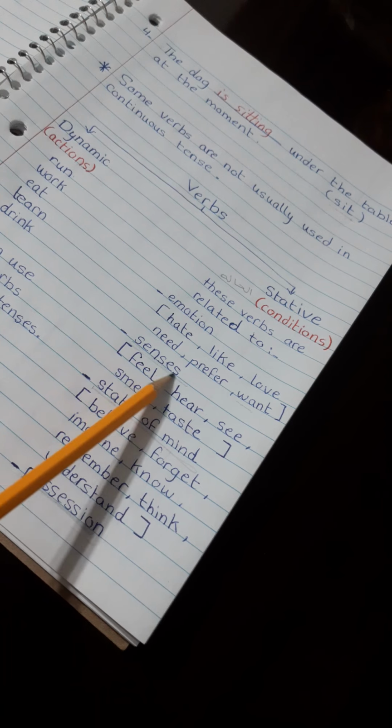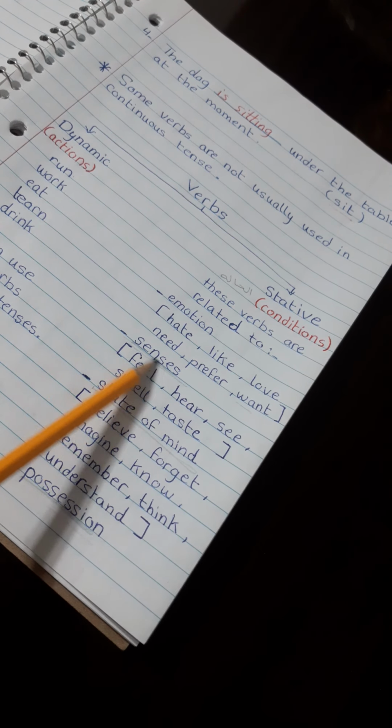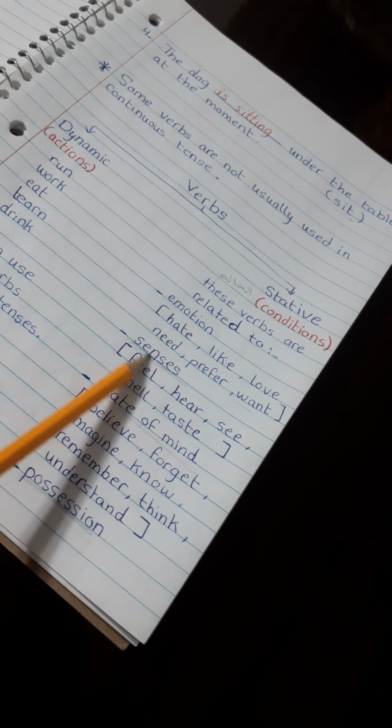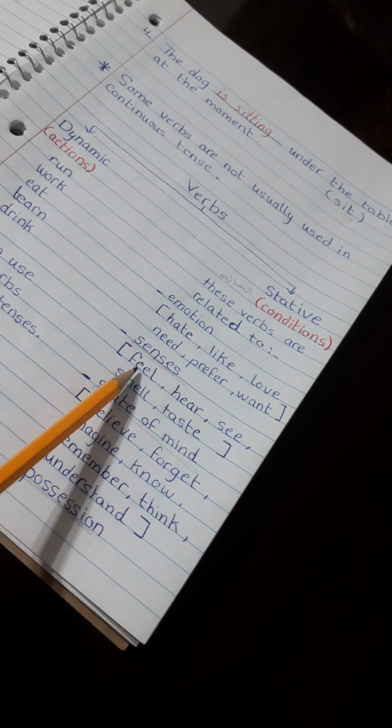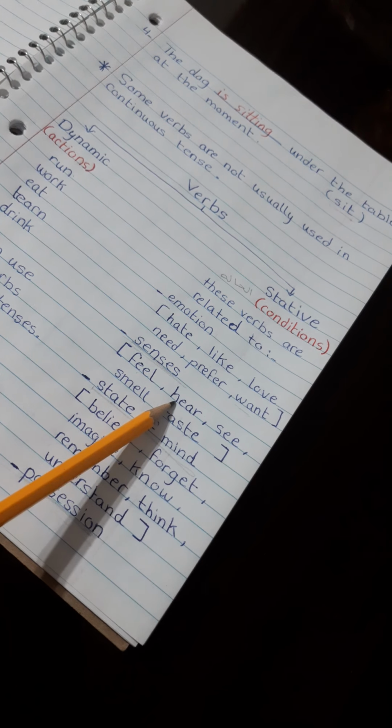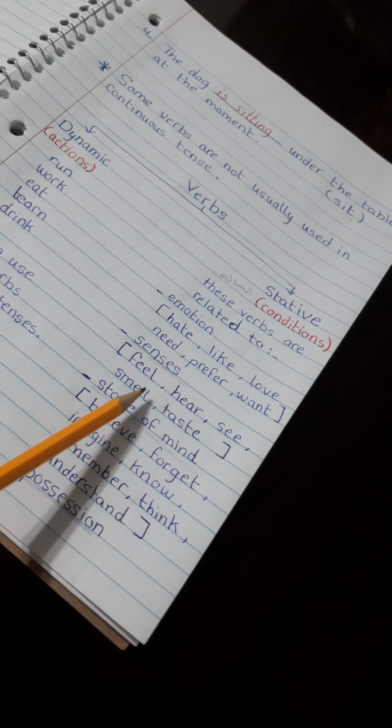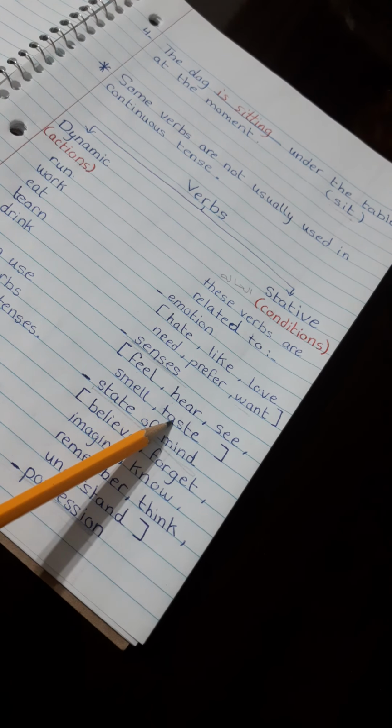Okay, here we have another verbs that are related to the senses. شو يعني senses؟ الحواس، الحس يعني اللي عندك، اللي هي I feel, hear, see, smell, taste. Okay.